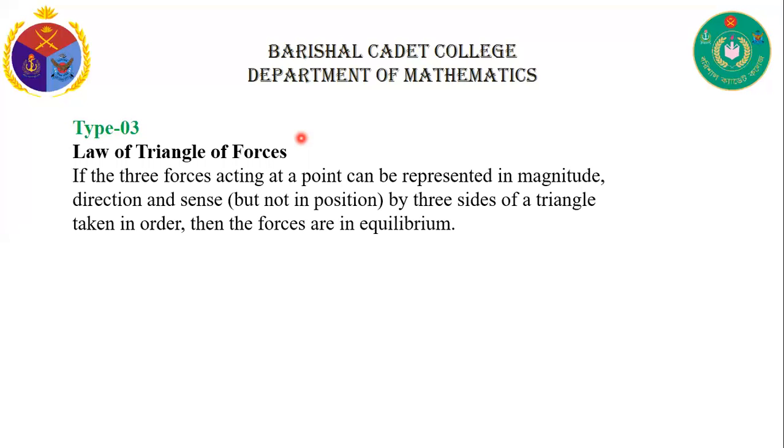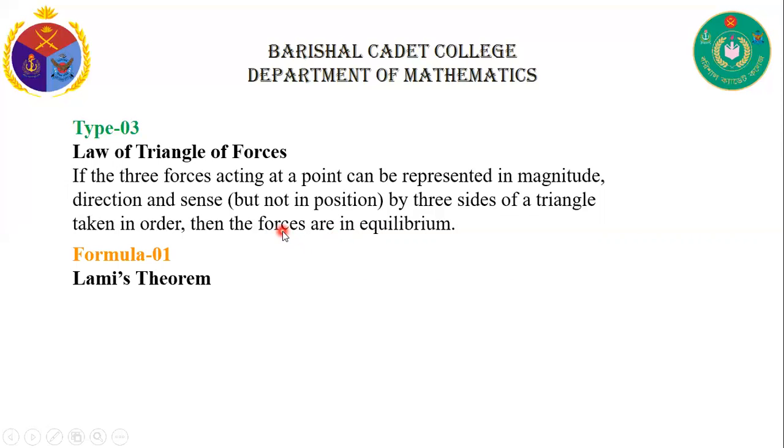In this case, if three forces acting at a point can be represented in magnitude, direction, and sense by the three sides of a triangle taken in order, then the forces are in equilibrium. So the forces have to be taken in cyclic order, and then they are in equilibrium.